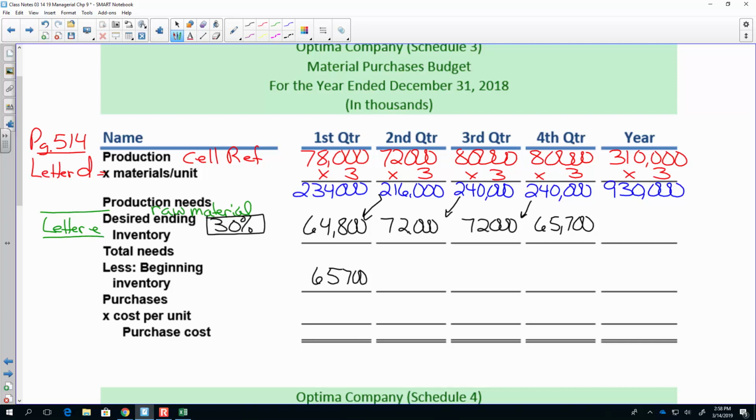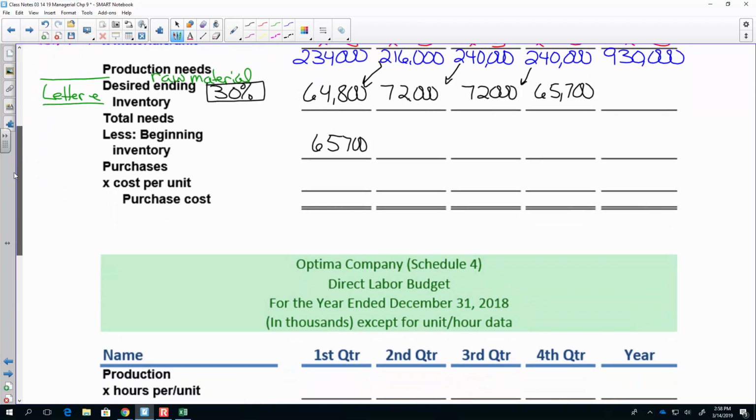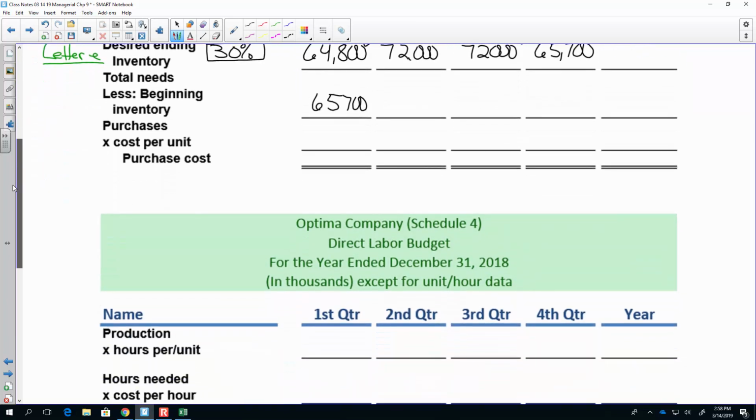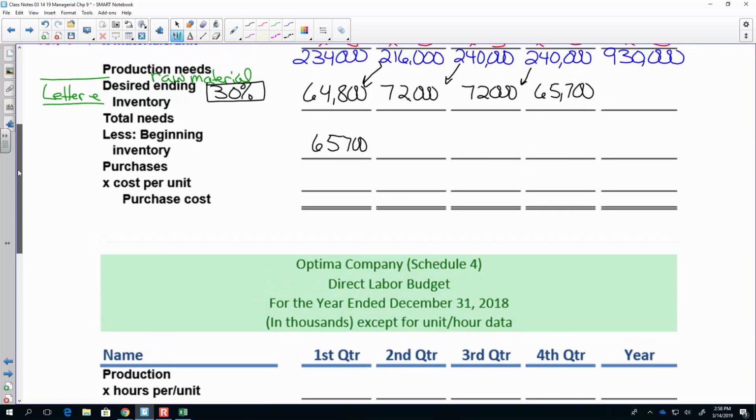All right, so does anybody have these totals for me, total needs here? Am I right? 298.8?